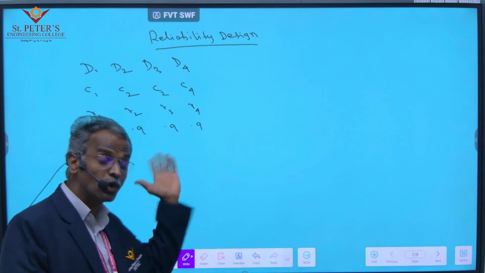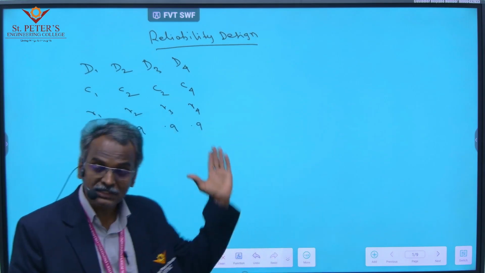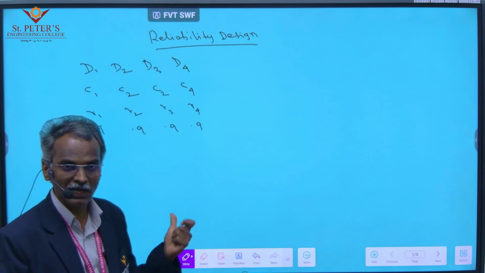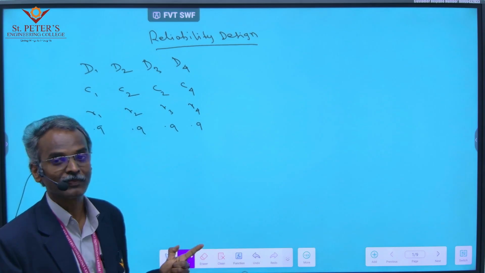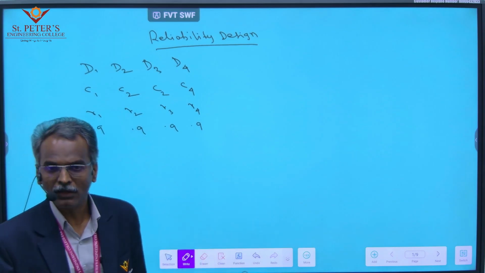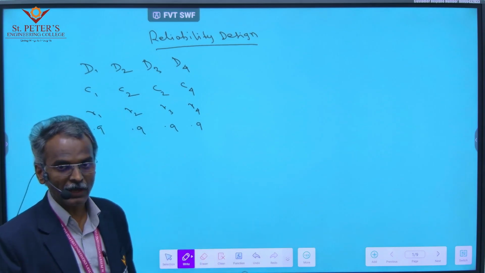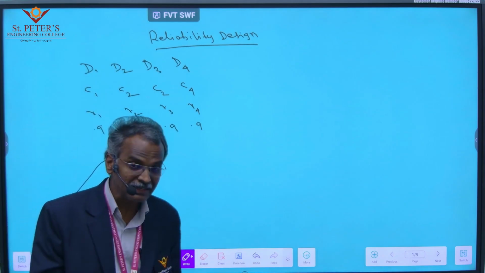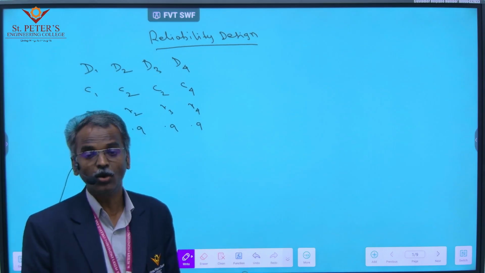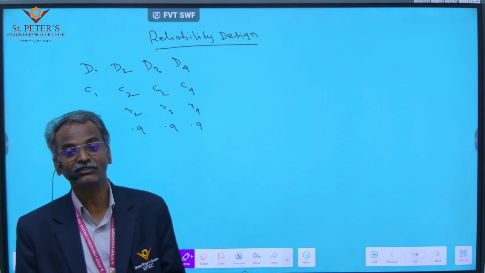So what is the overall success rate and failure rate of this system? We have a reliability ratio. The average reliability ratio of this system is 0.9. So with 0.9 for all the devices, what is the overall success rate and the failure rate? So how do we calculate the success rate and the failure rate?